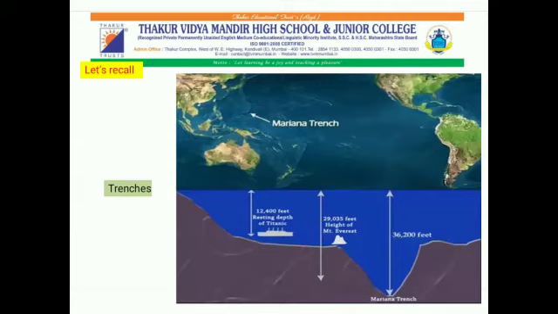They are called marine dips and trenches. Generally, the shallower ones are called marine dips, and the deeper ones are called trenches. So what is the difference between marine dip and marine trench? Marine dips are the shallower ones, and marine trenches are the deeper ones.